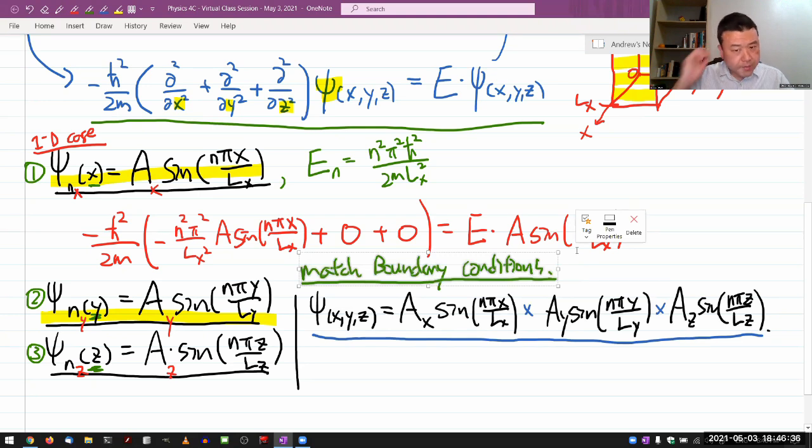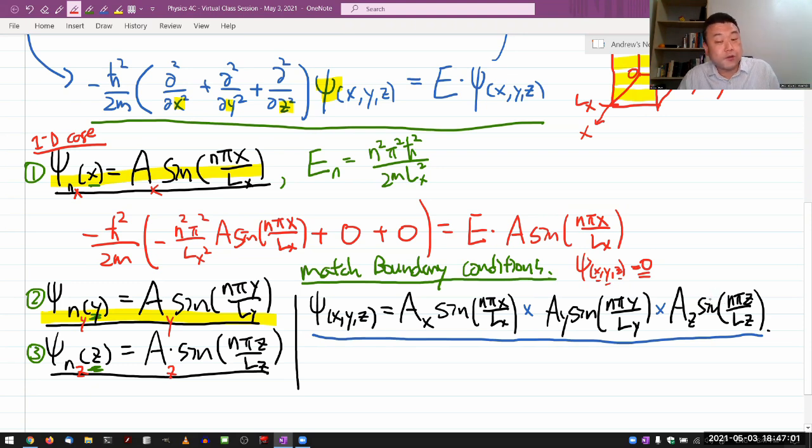I think being able to match boundary conditions is the easy part to see, because given that my boundary condition really amounts to making psi of x, y, and z equal to 0 at some coordinate values, this product arrangement really makes it easy to make the wave function go to 0.